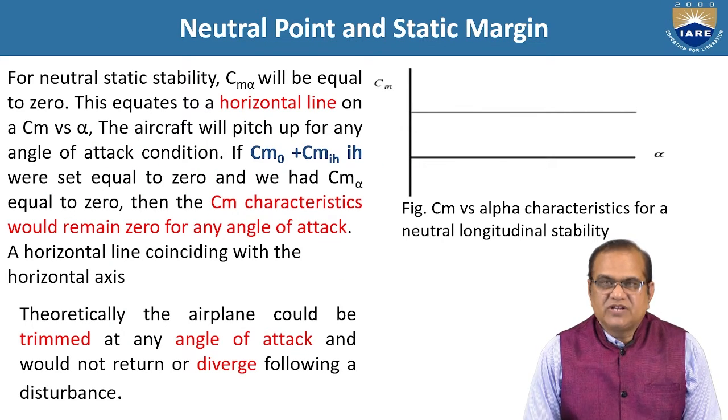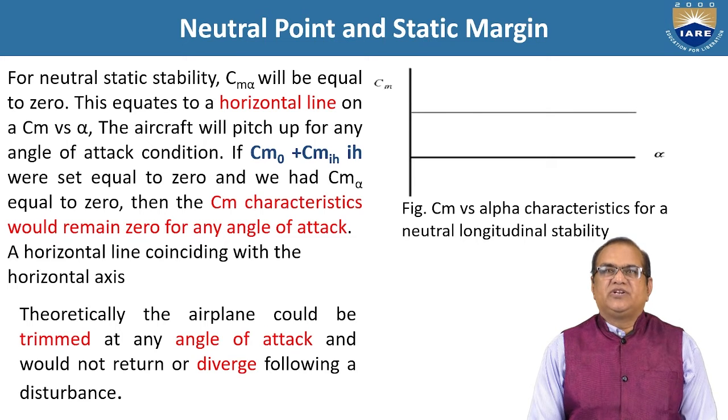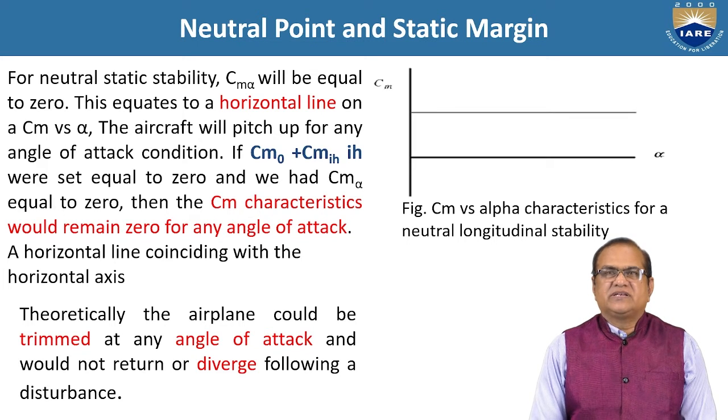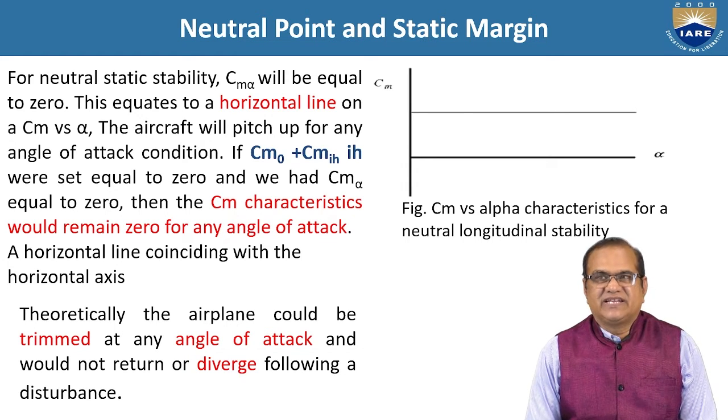In this, I am going to discuss the neutral point and the static margin. This we have already covered in some of our previous classes, but here we are going to discuss the neutral point and the static margin somewhat again.